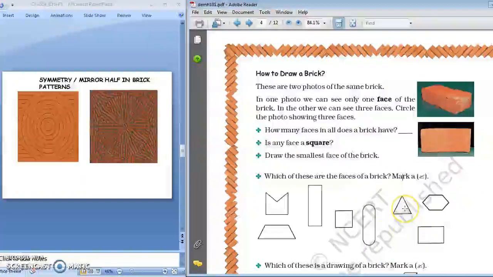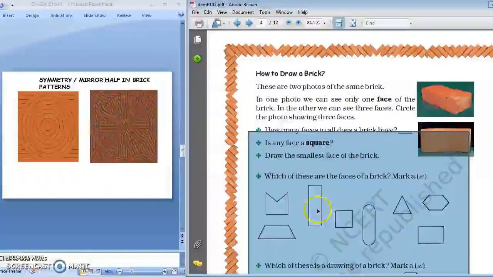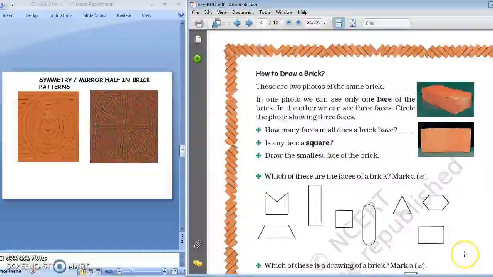No. Triangle? No. And which shape is this? It has how many sides? 1, 2, 3, 4, 5 and 6. A 6-sided shape. So this is a hexagon. And this one. So we have got two options here. One is this and the other one is this.